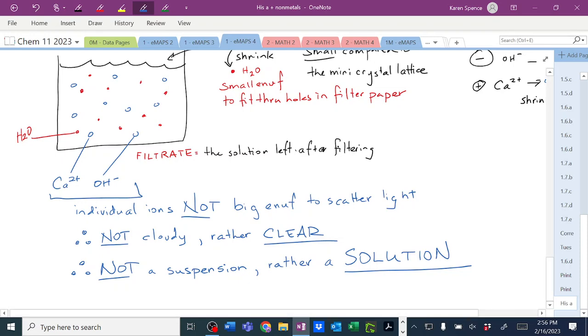And what type of mixture is a solution? Homogeneous. Phew.